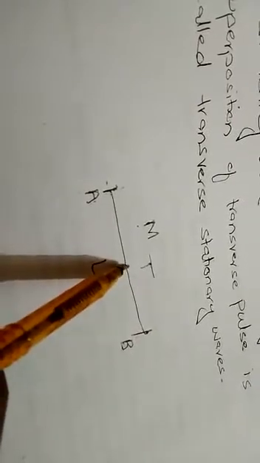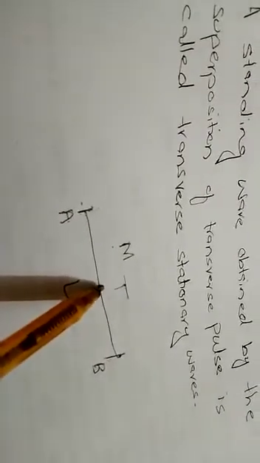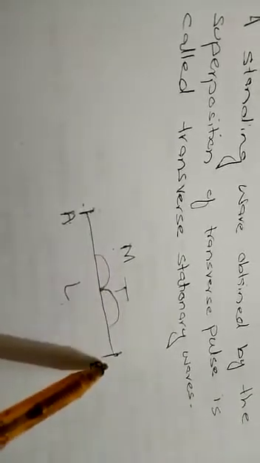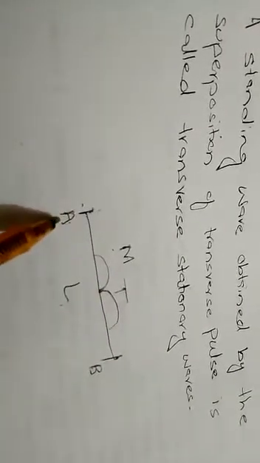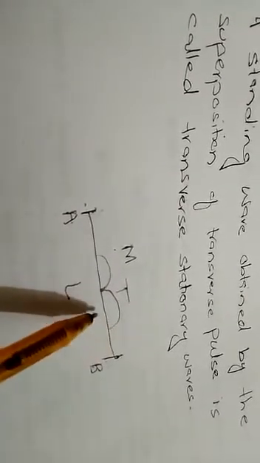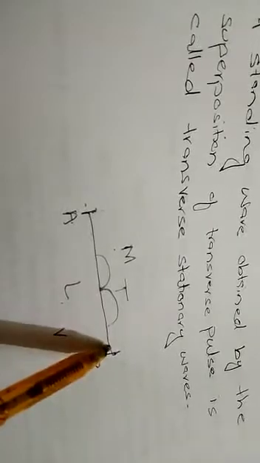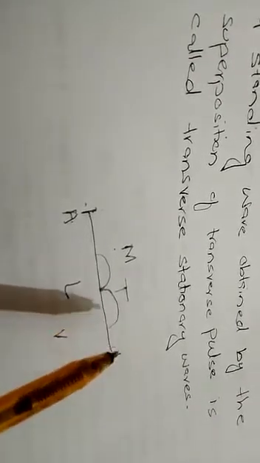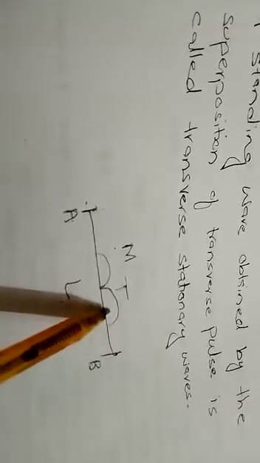Here, let's say we pluck that string at the central point. Then there is formation of two crests. One crest moves towards point B, the other crest moves towards point A. This crest or pulse moves with velocity v, and after reflection from point B, there is change of phase, meaning now this crest becomes a trough.